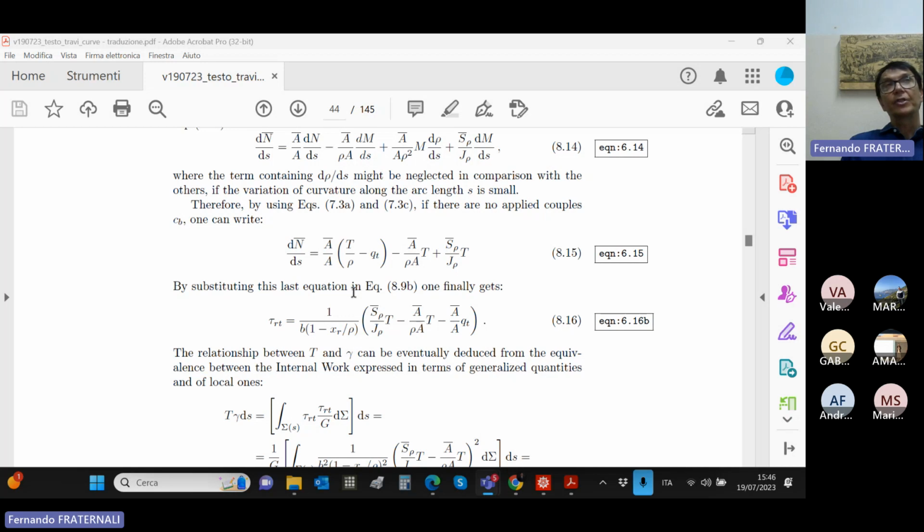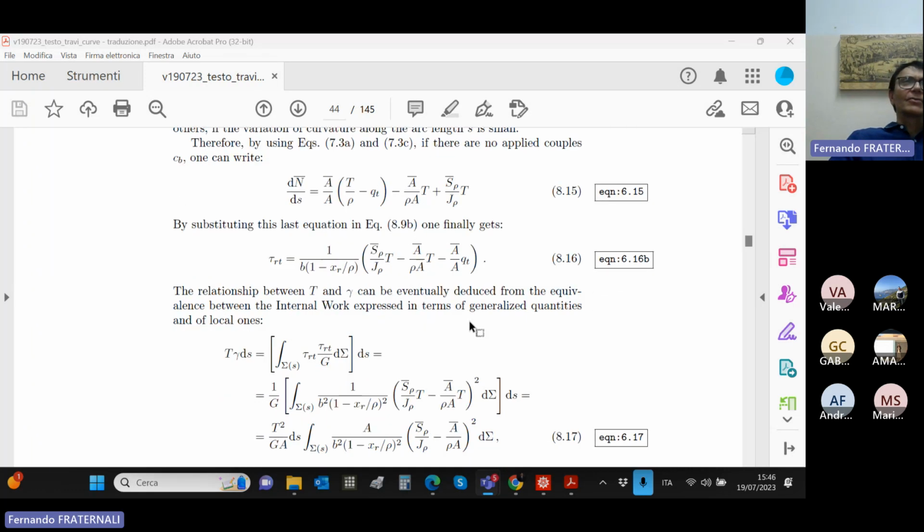And now we can use this exact tau formula for deriving the shear correction factor of the beam.